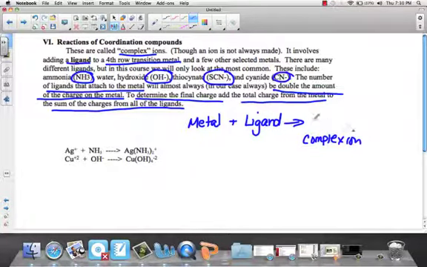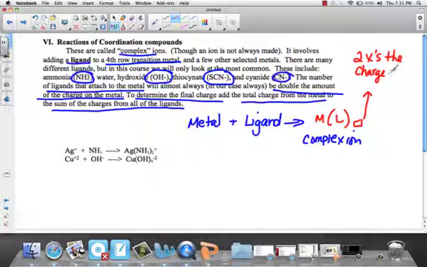And what that is going to be is the metal and the ligand, with some type of subscript. And that subscript is found by taking 2 times the charge on the metal.